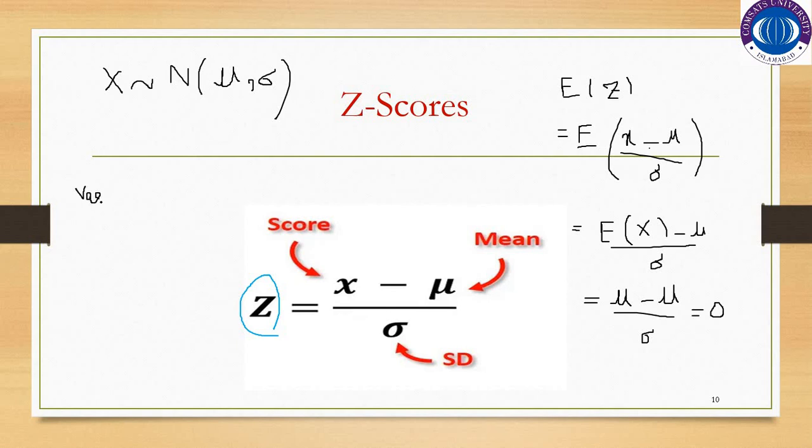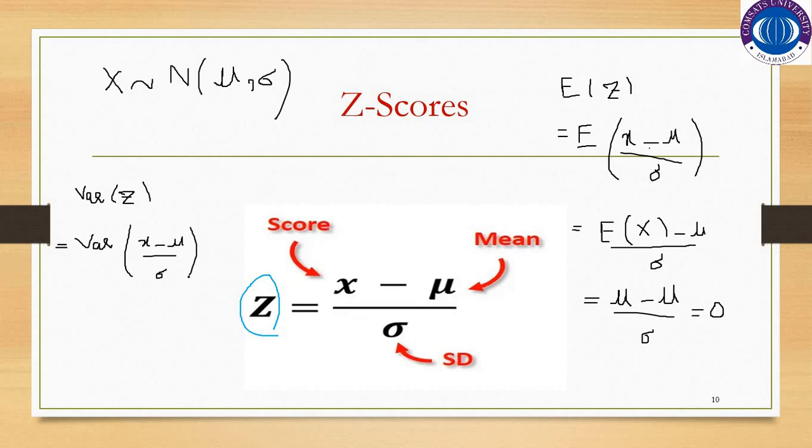Variance of z is equal to variance of x minus mu over sigma.